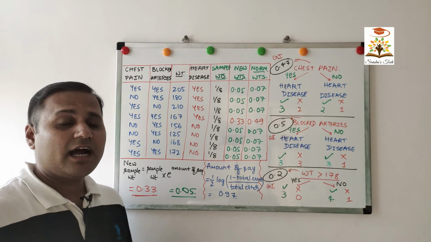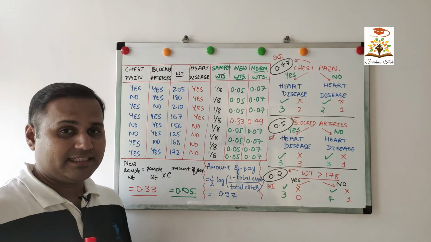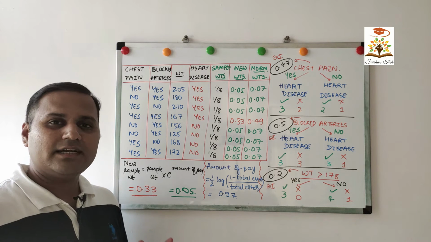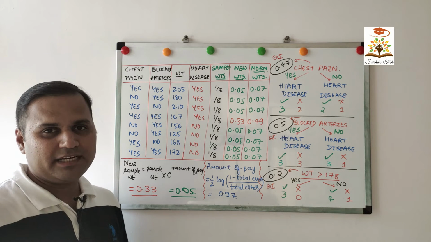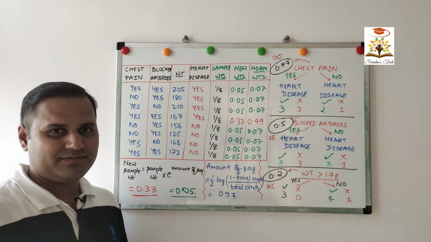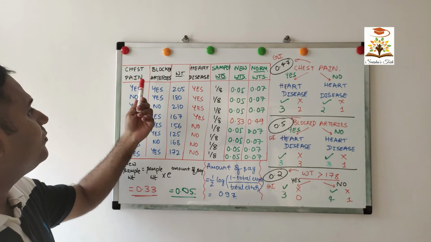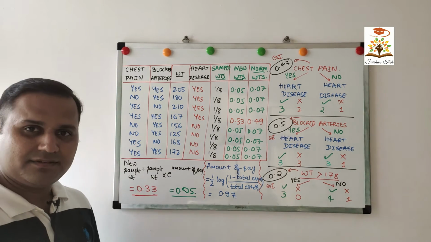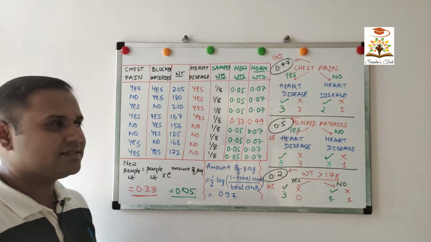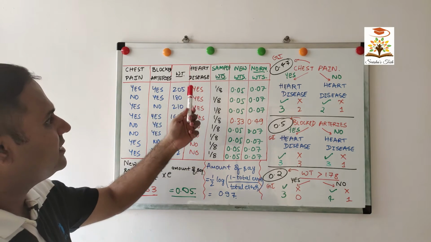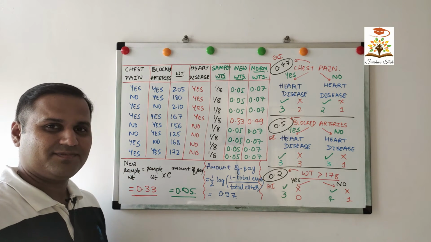To understand the AdaBoost algorithm using an example, we have considered a dataset with 3 independent attributes and a target attribute. The independent attributes are chest pain, blocked arteries and weight of the person. The target attribute is whether he has heart disease, a yes or no condition.